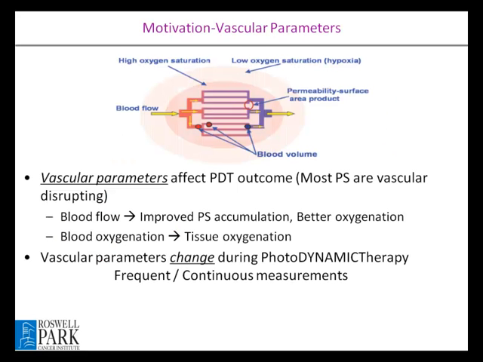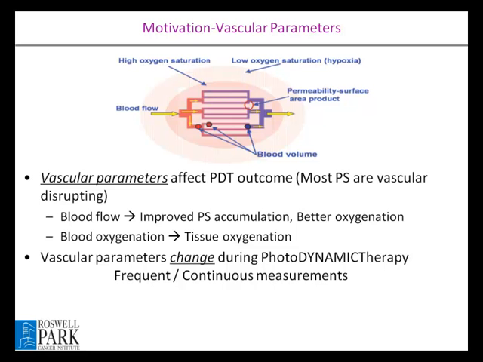So again, why do we investigate the vascular parameters? Because these parameters indirectly affect the PDT response. For example, I am showing a small cartoon: blood flows in the vasculature, and because of diffusion from the vessels to the surrounding neighboring cells, the region around the vessel will be more oxygenated tissue compared to the outside, with a gradient.